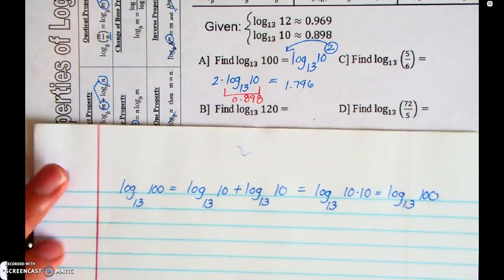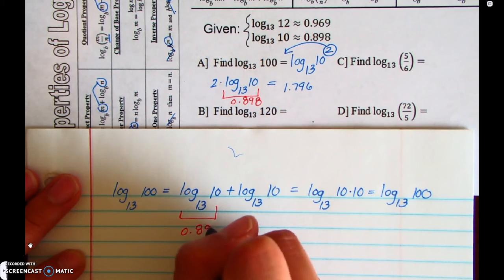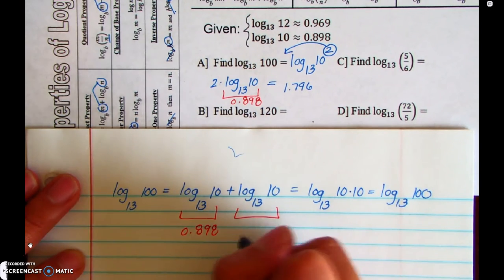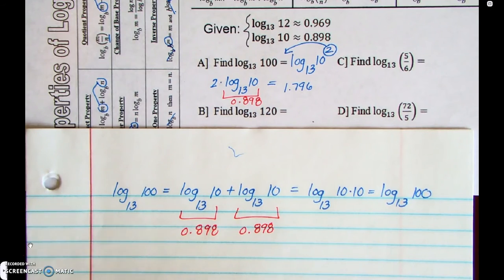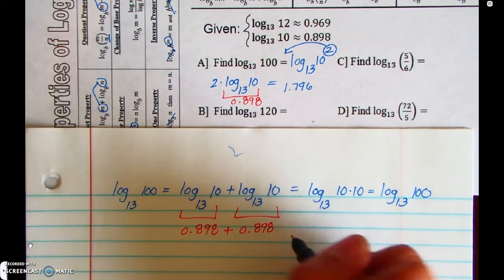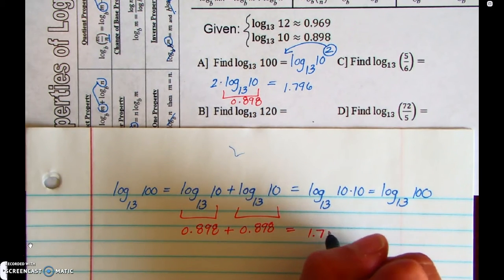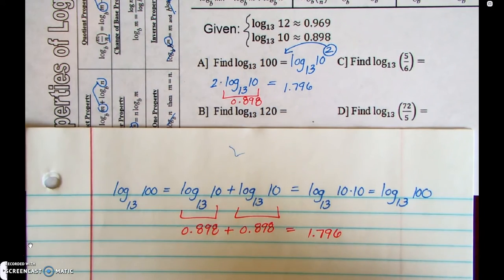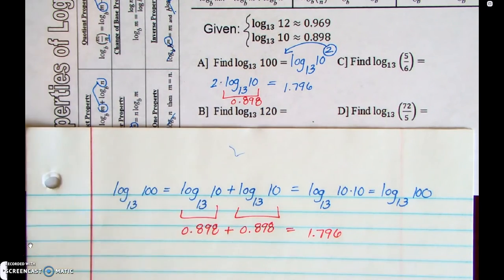Do we know what log base 13 of 10 is? Yes, 0.898. Adding them together twice, you're going to get 1.796, which is the same thing as multiplying 2 times 0.898.